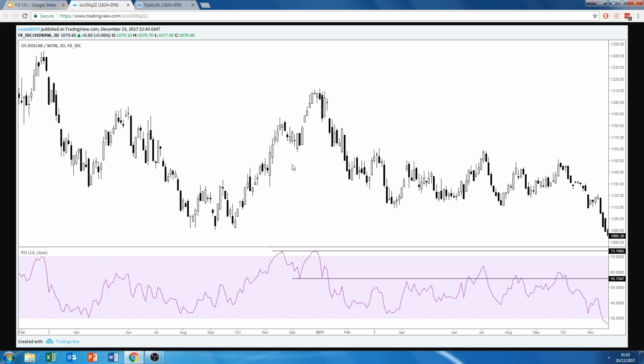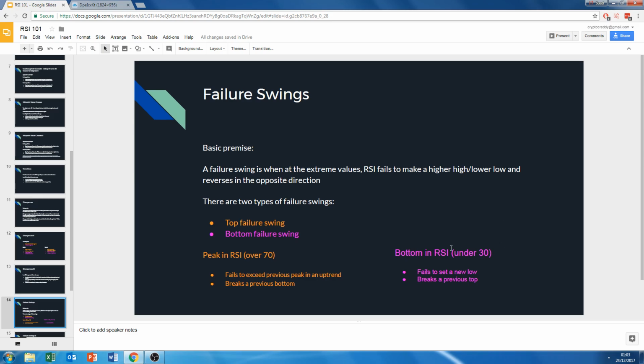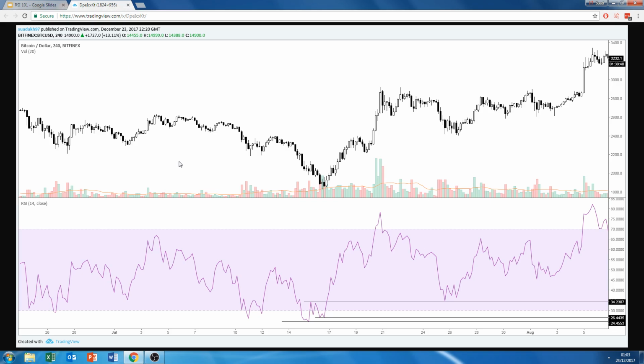The names get jumbled in my head, of course. And what you would have caught is on this attempt to make a higher high, and when it takes out this low, you'd be saying, hey, this is a toppy move. I'm going to take a short position once this low is taken out, and it would have been very profitable catching this move all the way down here. So let's look at an example of a bottom failure swing, which is the same principle but the opposite.